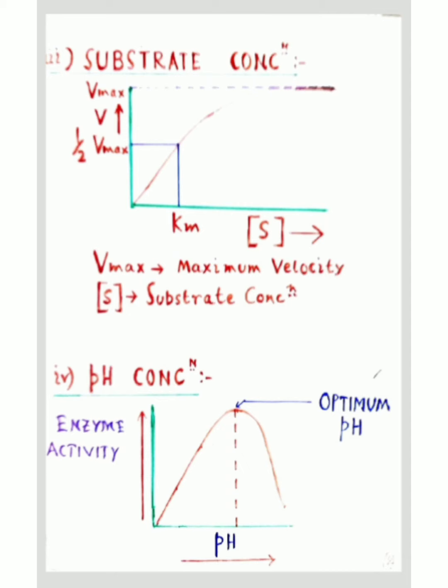Hence, the exact relationship between substrate concentration and velocity cannot be defined by this curve. The maximum velocity obtained is called Vmax. It represents the maximum reaction rate attainable in presence of excess substrate at substrate saturation level.